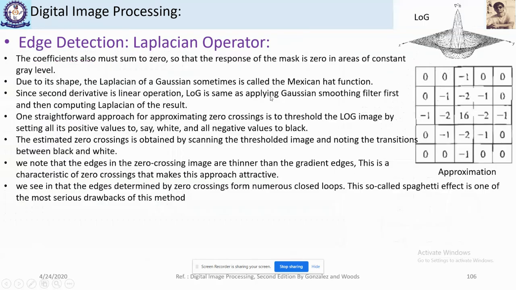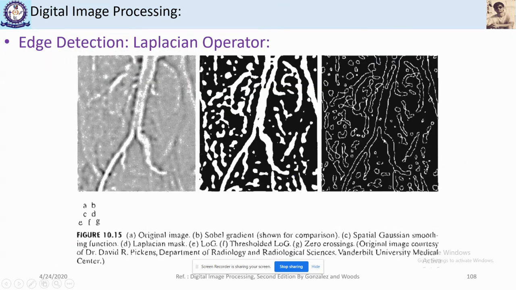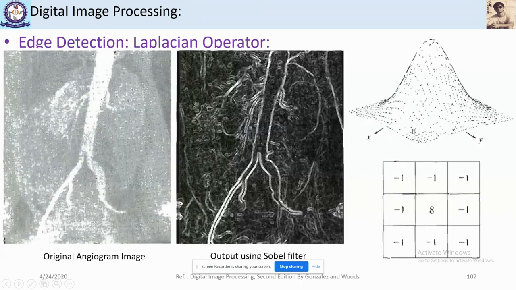After thresholding, the estimated zero crossings are obtained by scanning the thresholded image and noting the transitions between black and white. So by noting the transitions from black to white, we have achieved this zero crossing in the image.